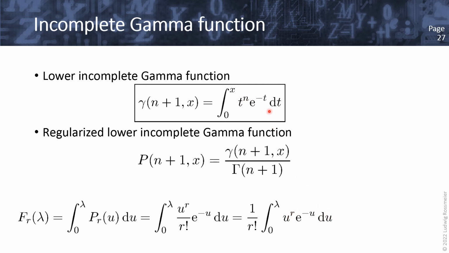U, by the way, is replaced by the t. No change outside with the parameters. And that means all in all, we will get the regularized lower incomplete gamma function with the first parameter r plus 1 and the second parameter lambda.